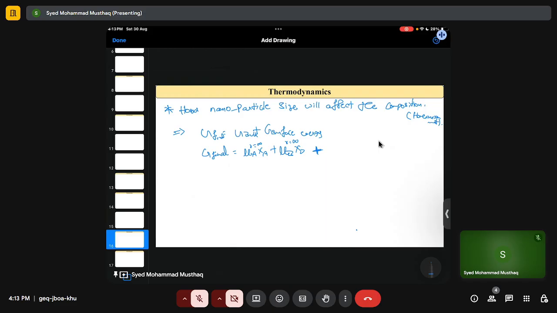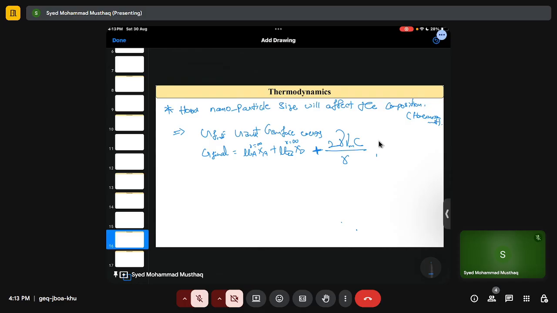In surface energy I have 2 gamma times volume, constant upon R, the radius or the size of the particle.